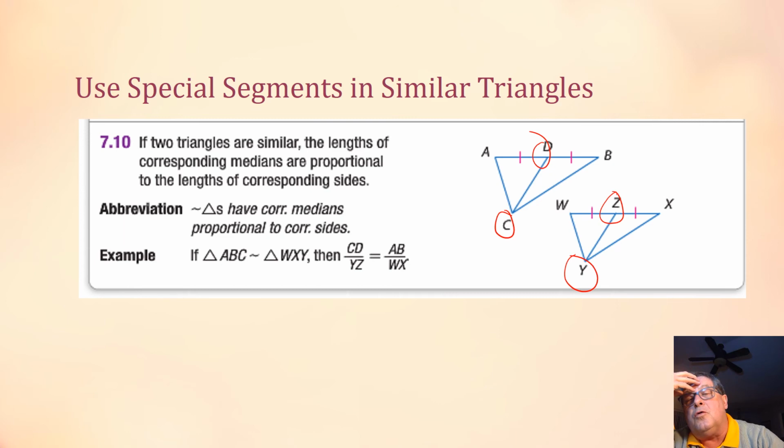But we do see that it bisects AB and WX at the midpoint. That makes it a median, coming from the vertex to the opposite side and intersecting at the midpoint of that side. So the medians CD and YX are proportional to corresponding sides.